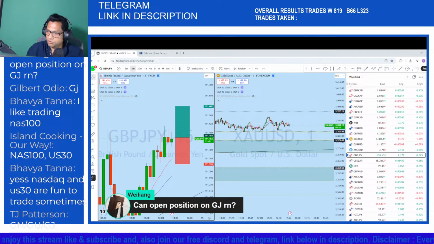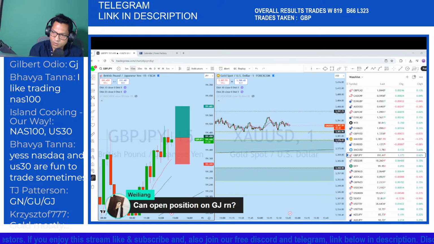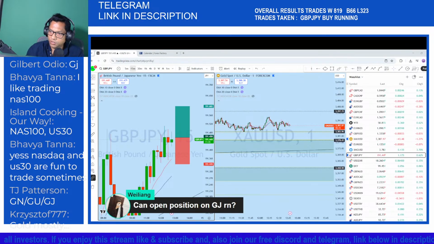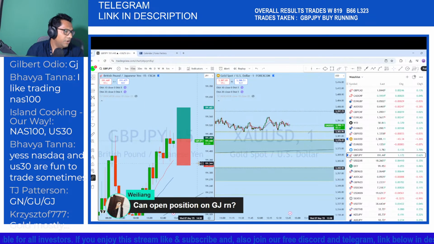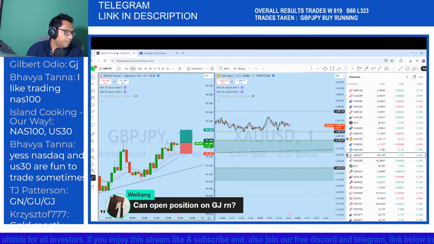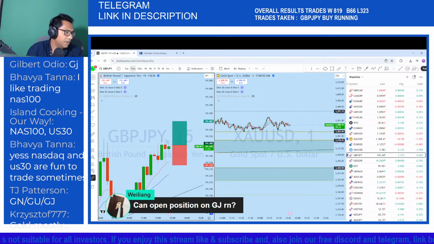We are on the trade on GBP JPY. The second trade, the first trade is still running in profit. Alright, so here is the running trade on GBP JPY. If it is not going back up, then it might just drop to grab liquidity.